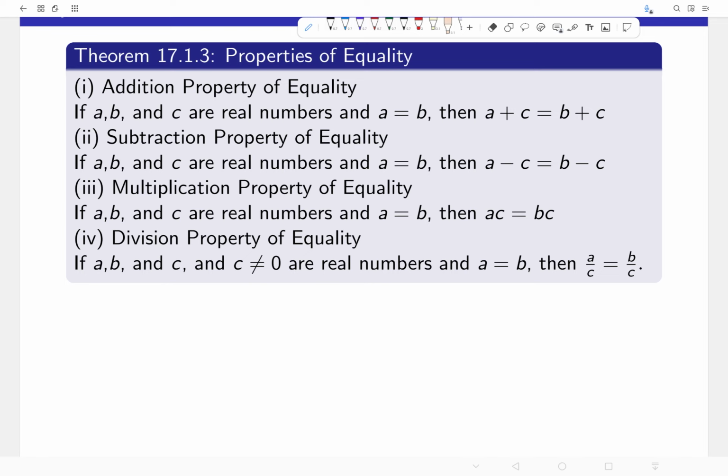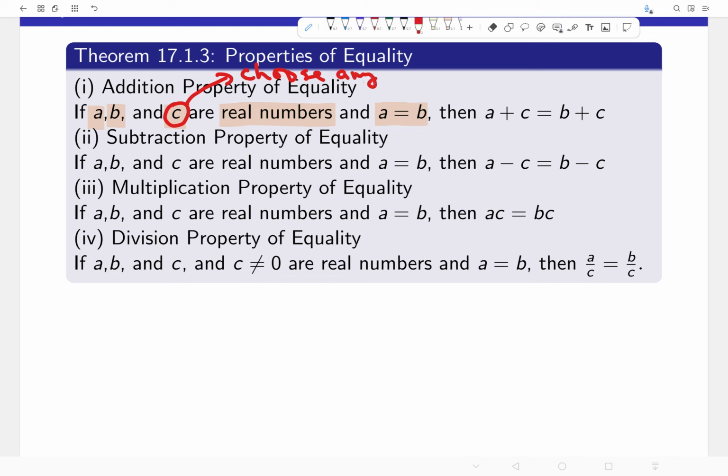So let A, B, and C be real numbers, and assume also that A is equal to B. Now take note that you can choose any C, any number.